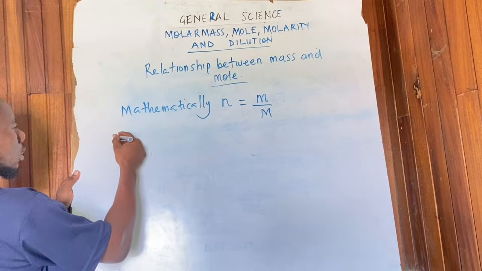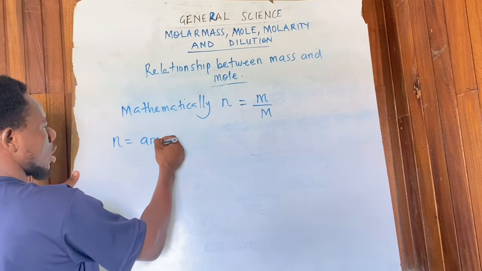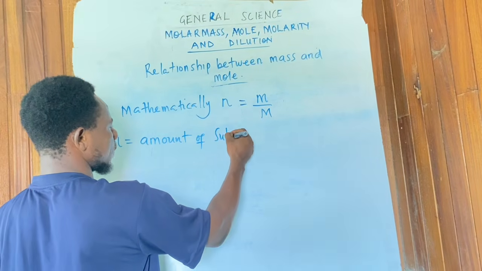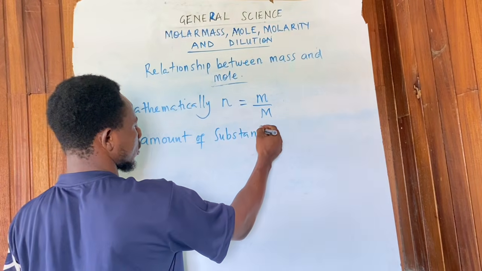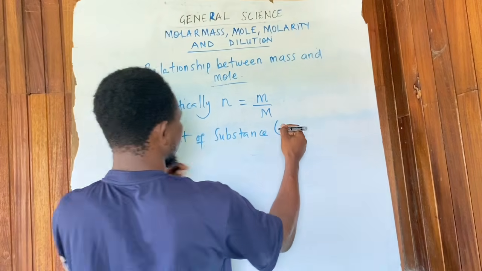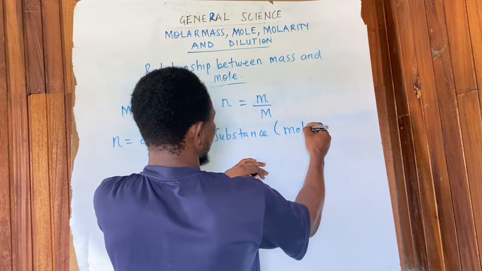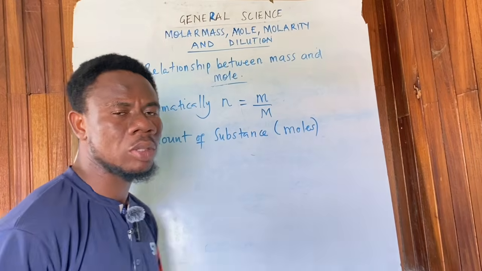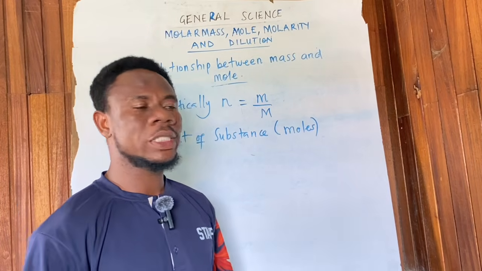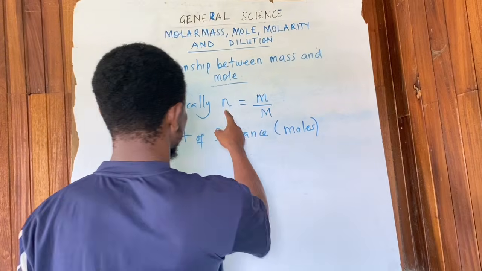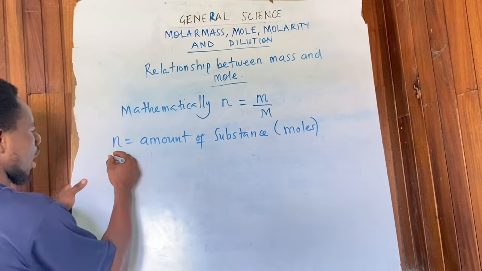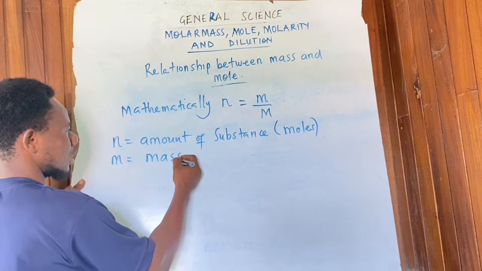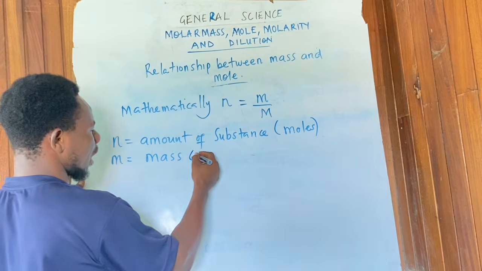Our n is equal to the amount of substance, which is also known as the number of moles. So calculate the amount of substance, calculate the number of moles, is the same as n. Our m is equal to our mass, and our mass should be in grams.